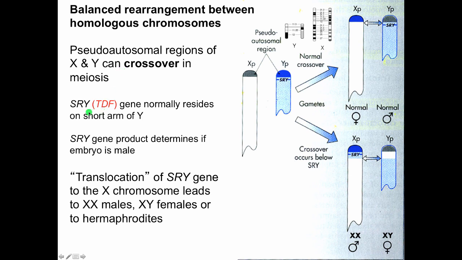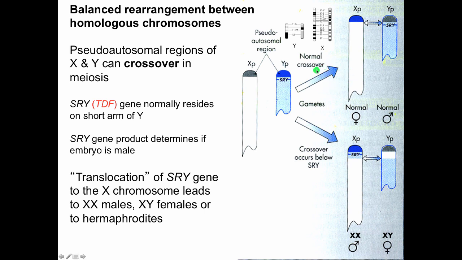The SRY region contains the testis-determining factor, and it normally resides on the short arm of the Y chromosome. The gene product, as we said, determines if the embryo is male. Translocation of the SRY gene, as we said, can lead to XX males or XY females or even to hermaphrodites.